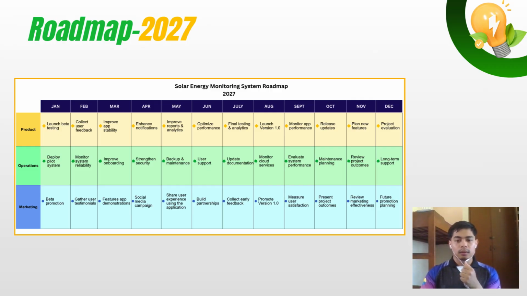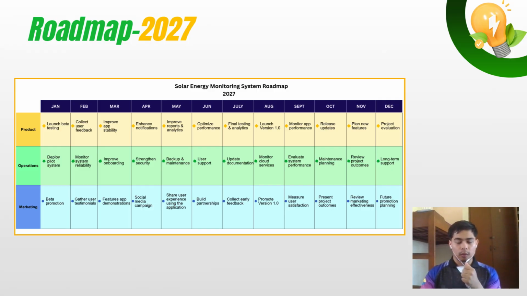From May to August, the system is further improved and prepared for official use, which leads to the launch of version 1.0. From September to December, the focus is on monitoring the performance, releasing updates, reviewing the user satisfaction, presenting the project outcomes, and lastly, planning the next improvements for the system.